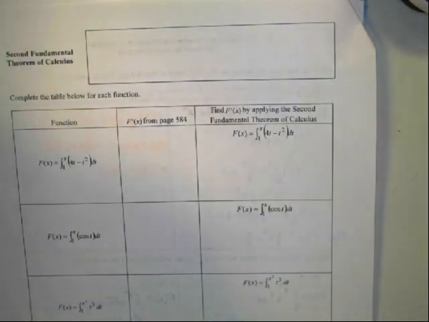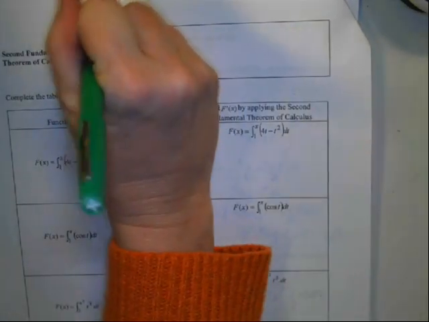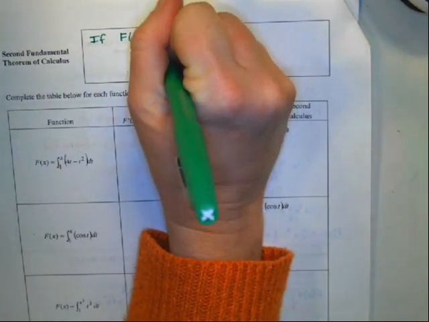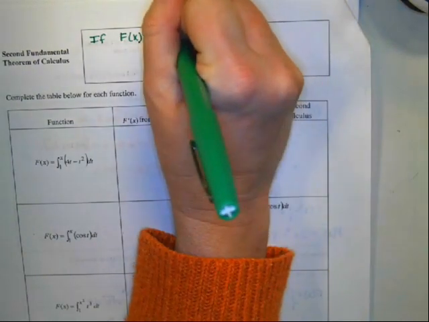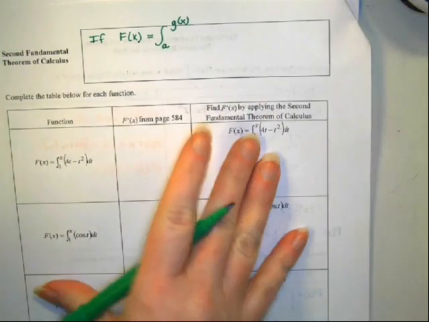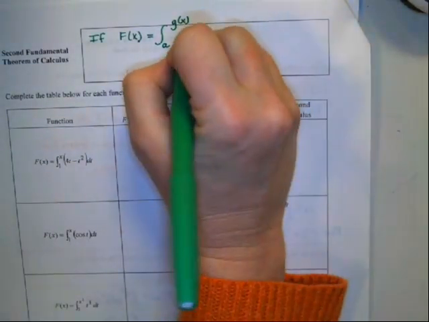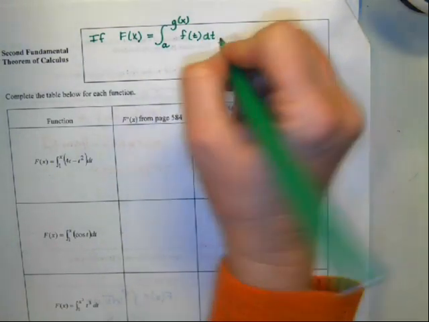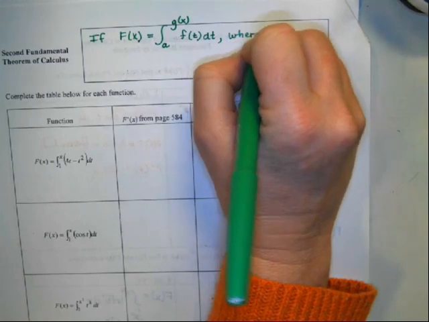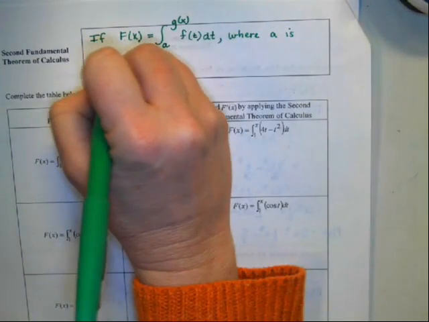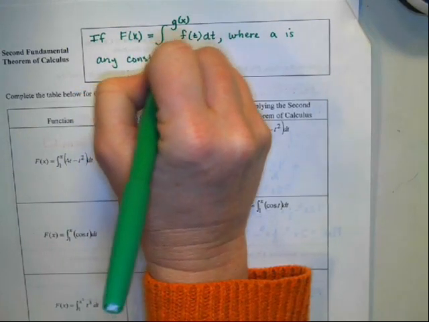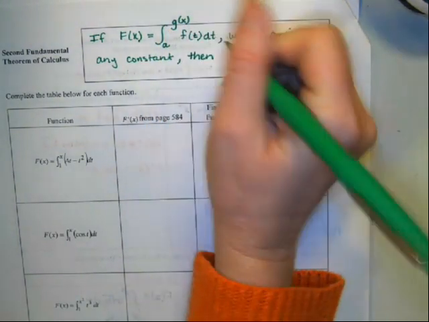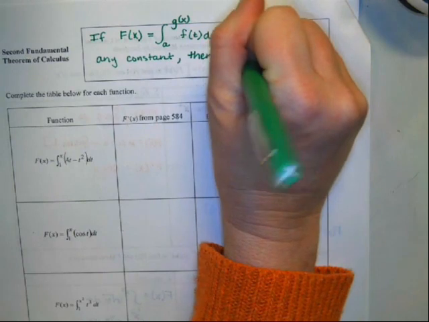If capital F of x, big F, is equal to an antiderivative from a to g of x of some function f of t, where a is any constant, then this is how you can find the derivative of that F of x.